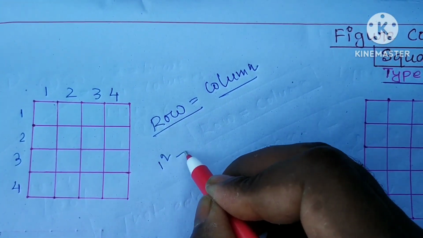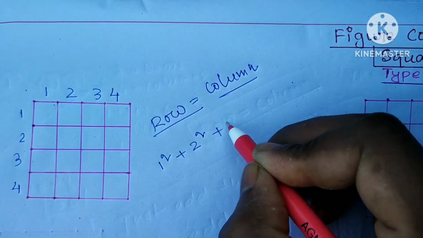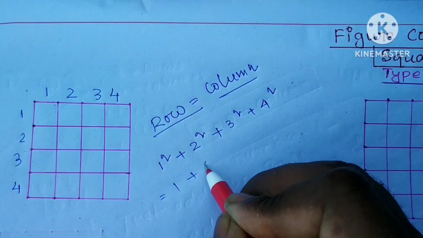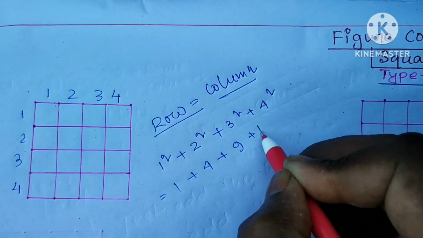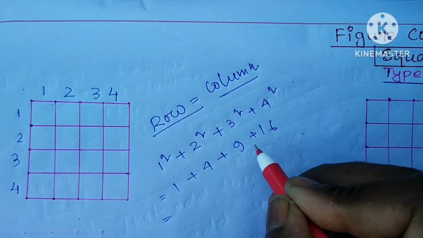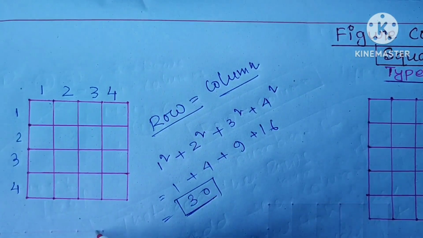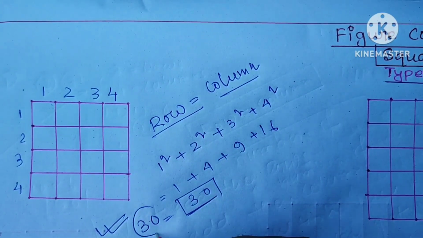So 1 square, 2 square, 3 square, 4 square: 1, 4, 9, 16. So 16, 25, 20, 30. The total number of squares in this figure is 30.